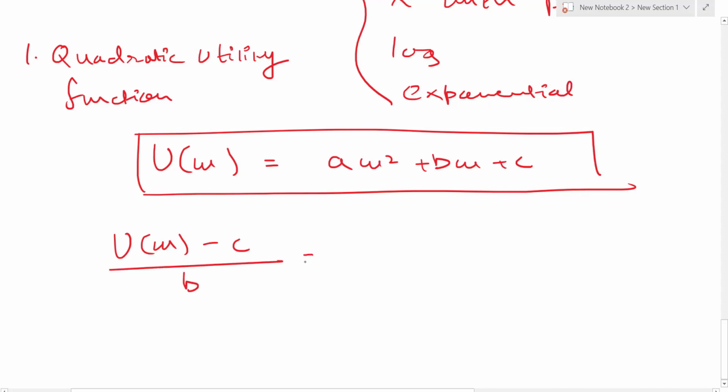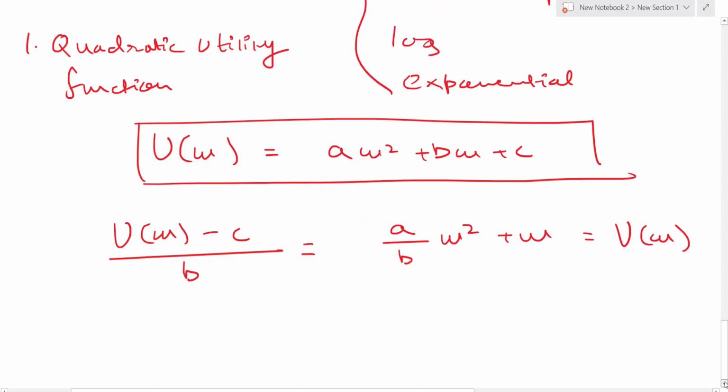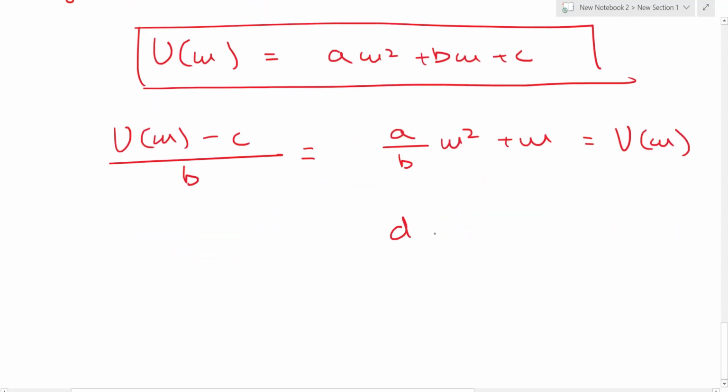This will look like a by b w square plus w, and let us call this function v of w. This a by b I'm going to write as d, so v of w is d w square plus w.